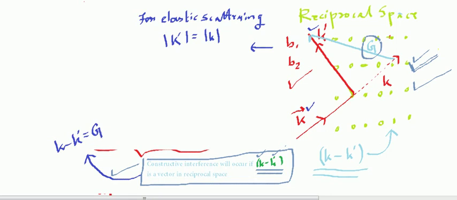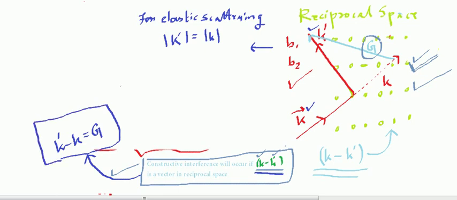So let me restate a bit. Instead of writing k minus k dash, let me write k dash minus k. It's the same thing. Even if I do k dash minus k, it's not going to change. So k dash minus k must be a vector in reciprocal space.